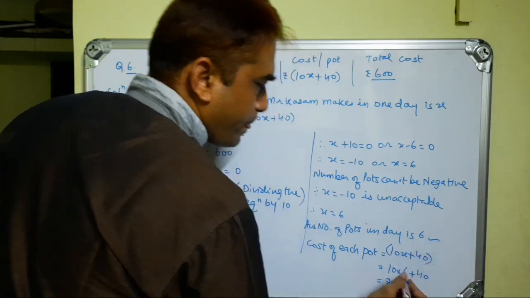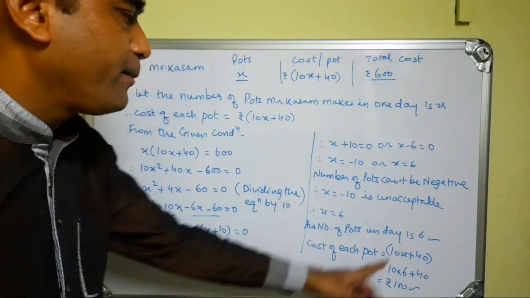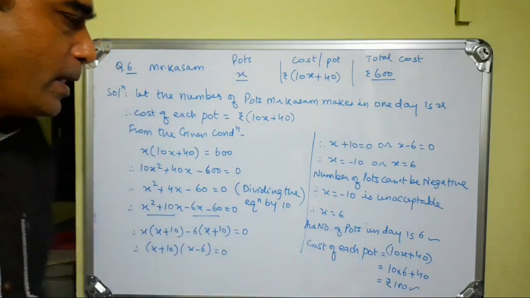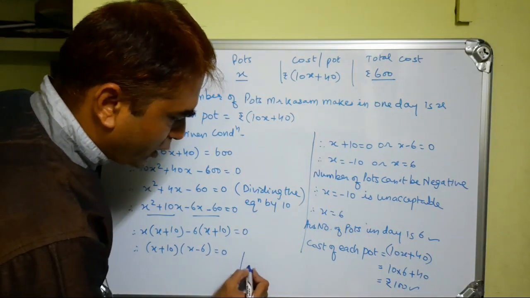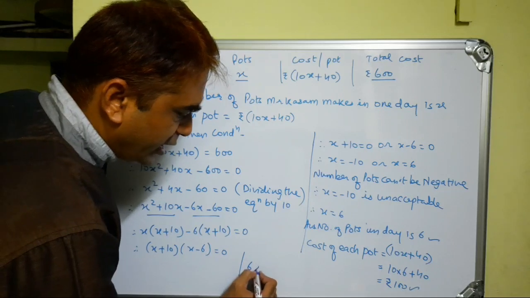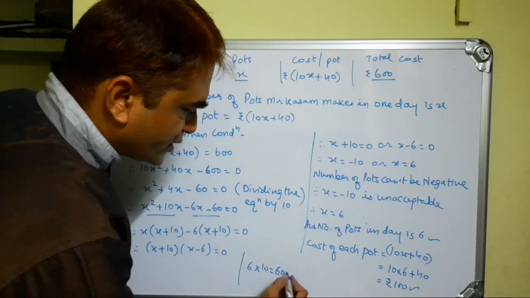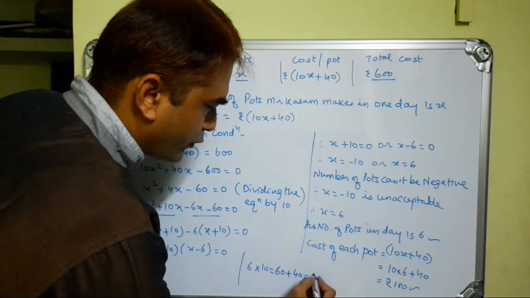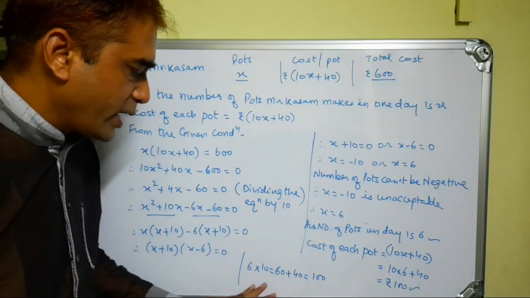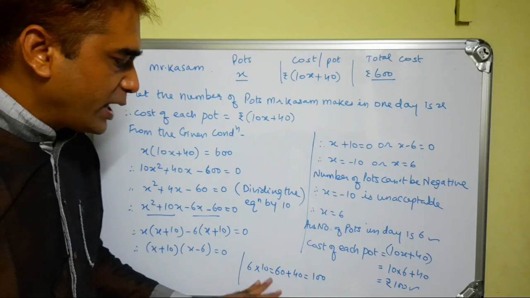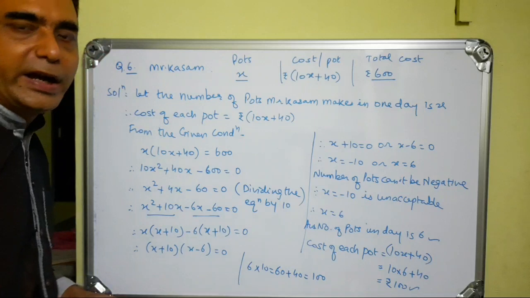So the number of pots in one day is 6 and the cost of each pot is 100. 6 into 100 is 600. You can also check: the number of pots is 6, its 10 times is 60, and 60 plus 40 equals 100. So the cost of each pot is 40 rupees more than 10 times the number of pots. In this way our answer is also verified.